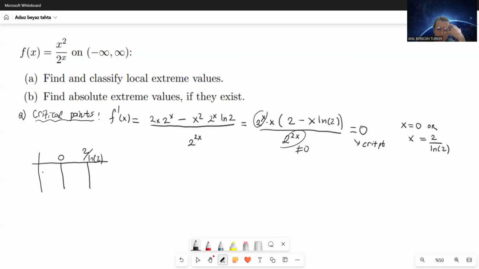If x is bigger than 0 but less than 2 over ln 2, x is positive, and this factor is positive because it is less than 2 over ln 2.